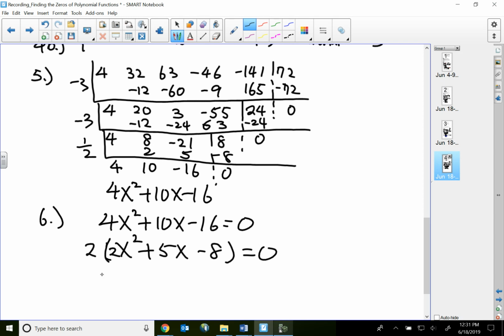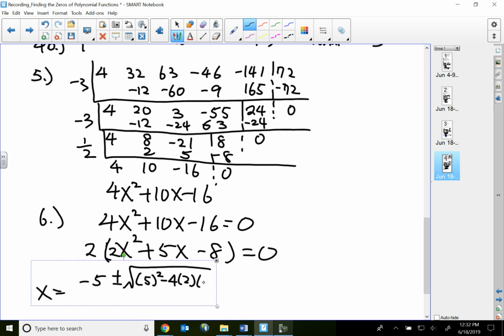This cannot be factored. All right, so x equals -b plus or minus the square root of b squared minus 4 times a times c, whole thing over 2 times a, which is 2. Since I'm factoring out the 2, my coefficient is a little bit smaller.